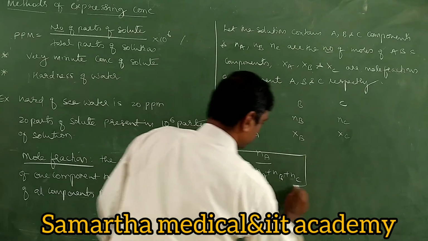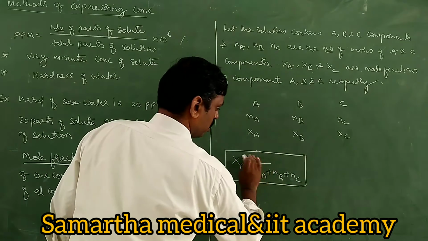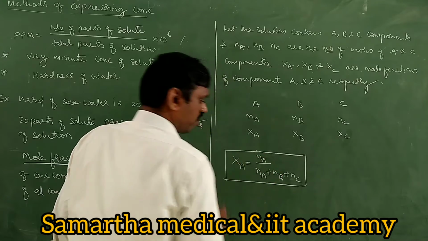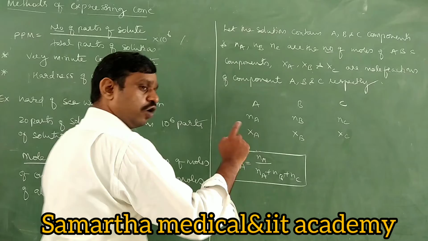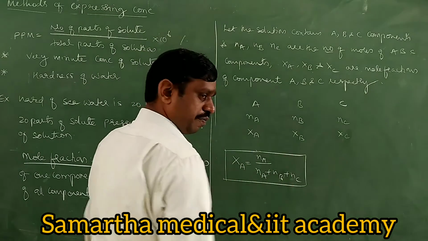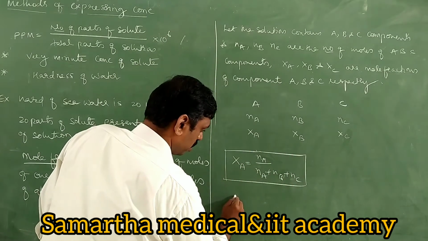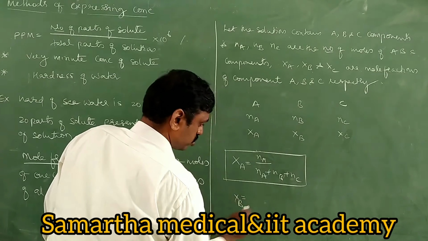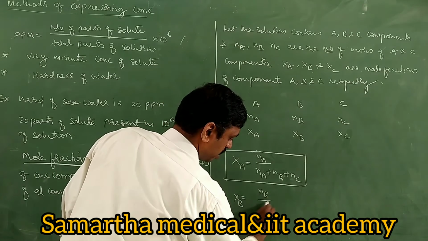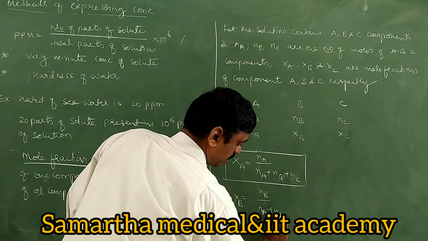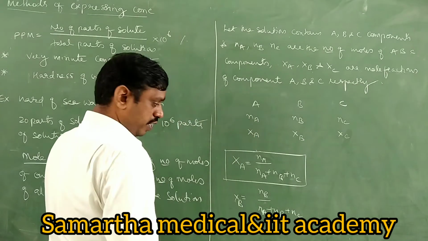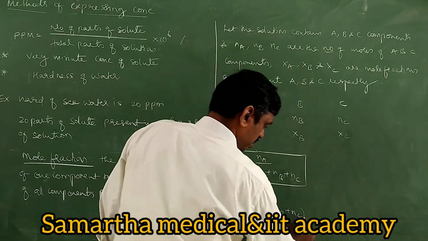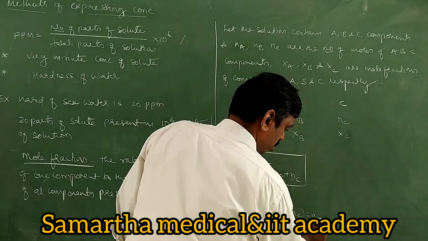It means it is the ratio of number of moles of one component to the total number of moles of all the components A, B, C. Similarly, XB is equal to Nb by Na plus Nb plus Nc. Okay, you can take NT also.